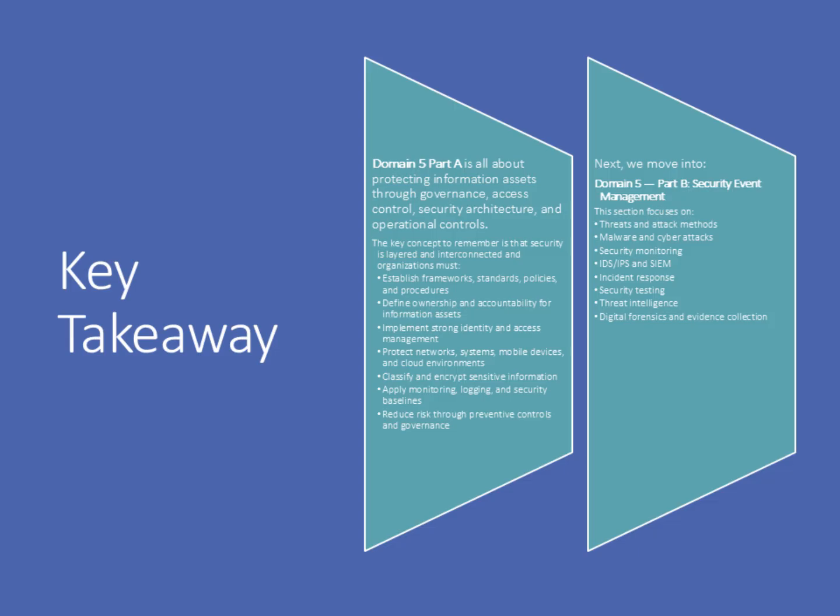Next, we move into Part B, Security Event Management, covering threats and attack methods, malware and cyberattacks, SIEM and security monitoring, IDS or IPS technologies, incident response, threat intelligence, security testing, digital forensics and evidence collection. Part B shifts the focus from implementing controls to detecting, monitoring, and responding to security events effectively.